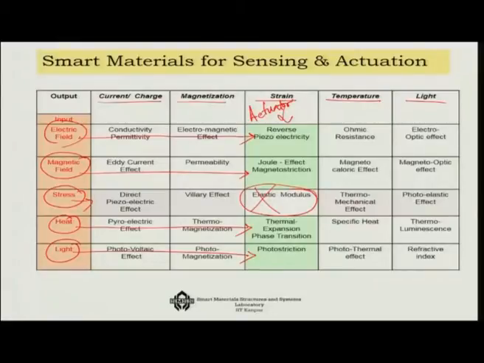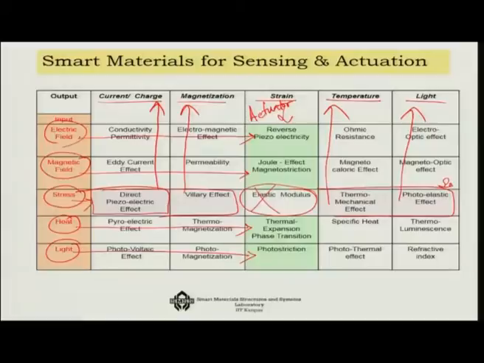On the other hand, if I look at the properties where strain generates current or charge, or a change in magnetization, temperature or light, then these regions are used as sensors. So the horizontal block is for smart sensing, and the vertical block, except the diagonal, is for smart actuation.